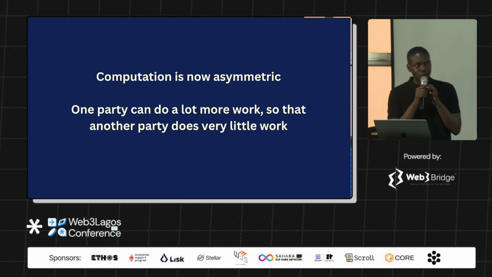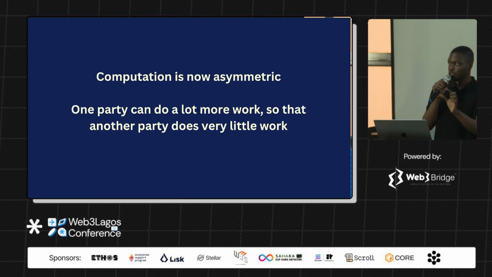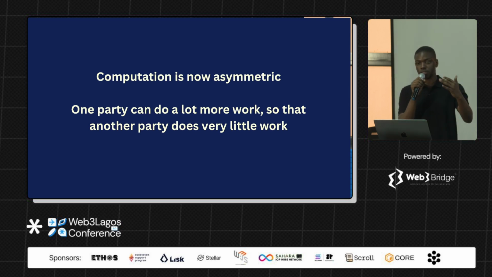So we have moved computation from being symmetric to being asymmetric. Normally, if you want to verify computation that has been done, you have to redo the computation, right? If you do it, I have to do it in order to verify what you're doing. That's kind of like what is happening in the blockchain space, where the validators or the nodes are redoing the computation in order to verify that you actually did the work.